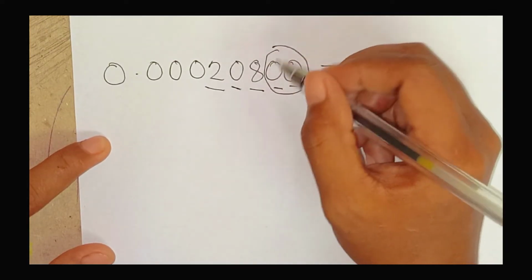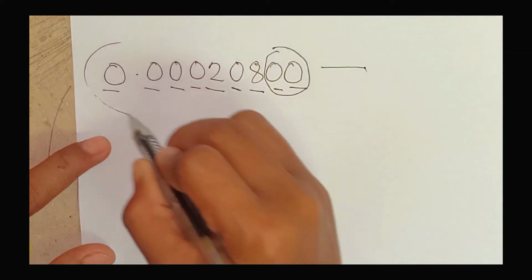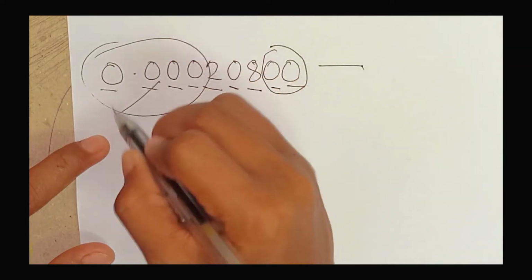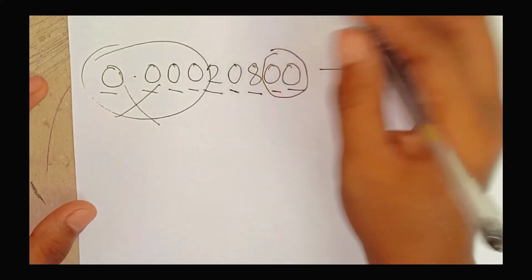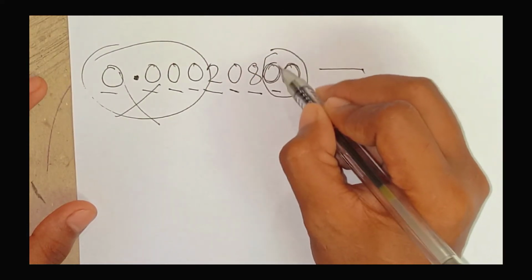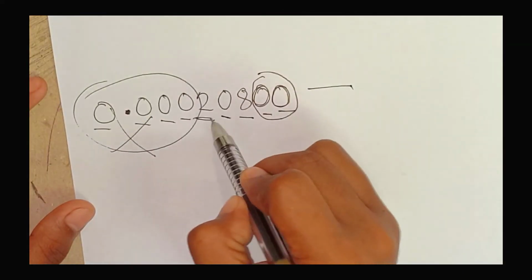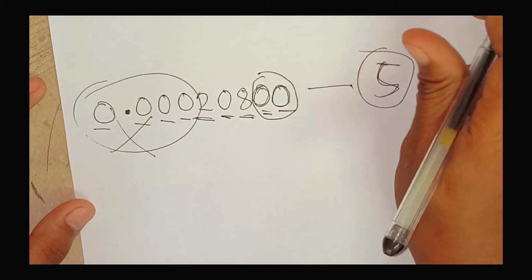Since we have four leading zeros, these are not counted as significant figures. Since we have a decimal point here, all the trailing zeros here are counted. So we have 1, 2, 3, 4, 5. We have 5 significant figures.